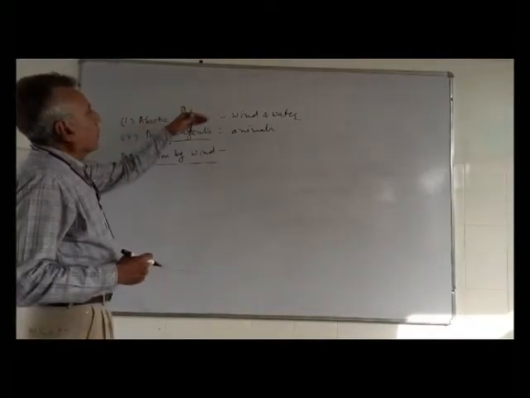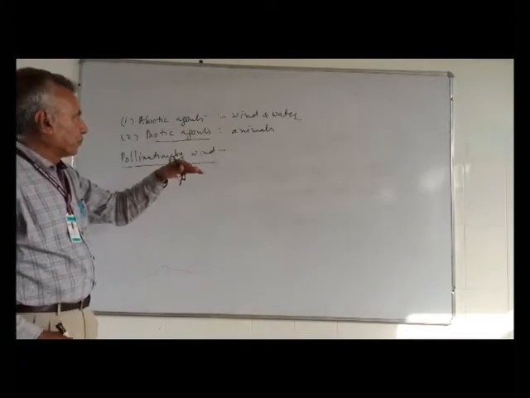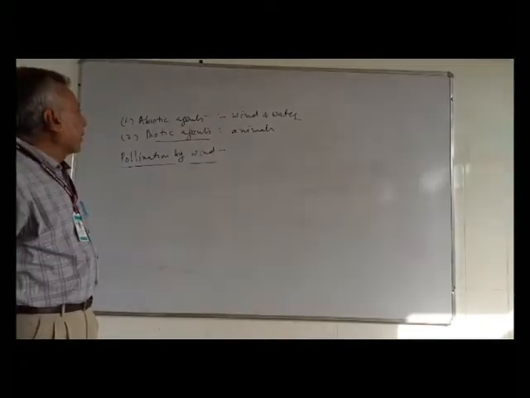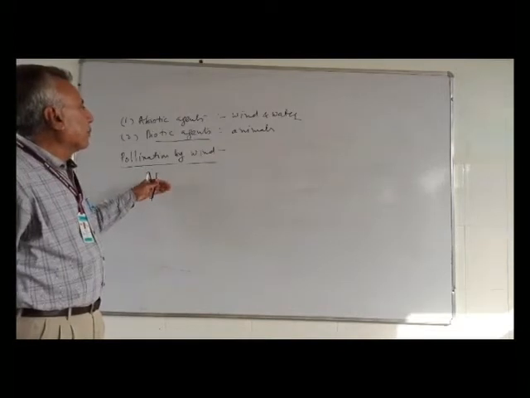Abiotic agents are of two types, wind and water. Among the abiotic agents, pollination by wind is more common.